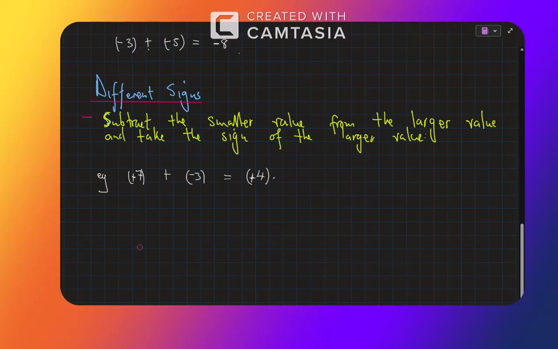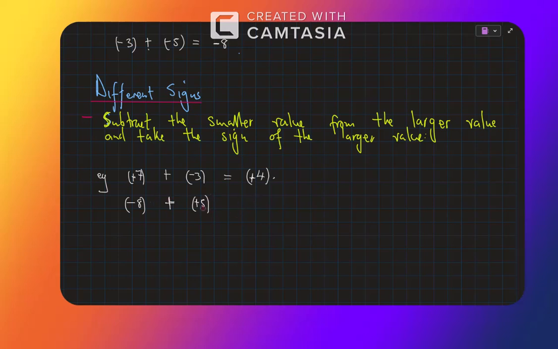Right? If we have negative 8 plus positive 5, same situation, adding different signs, subtract the smaller from the bigger one.